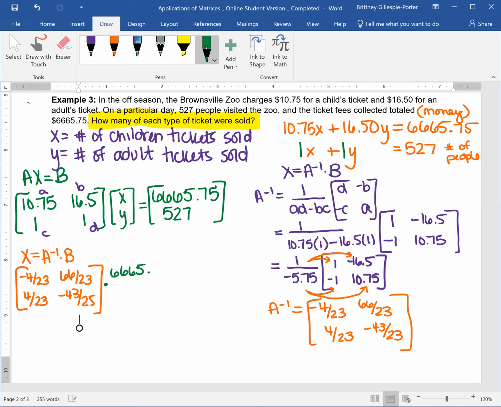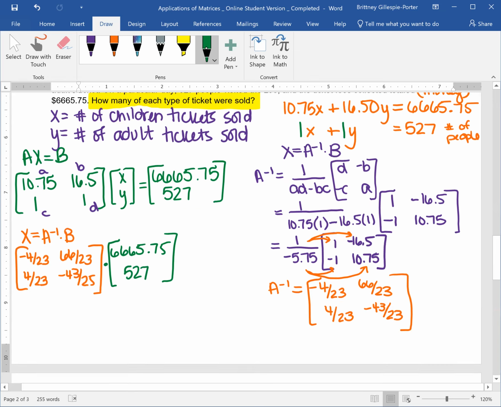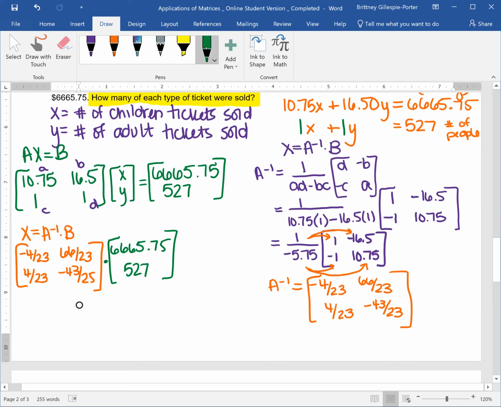That's 6,665.75 and 527. Since we're taking a 2x2 times a 2x1, we are going to end up with a 2x1.